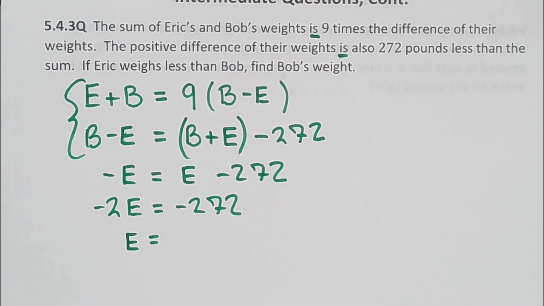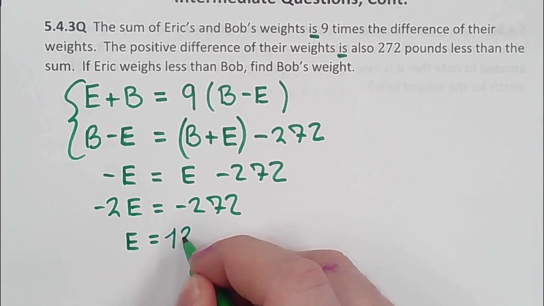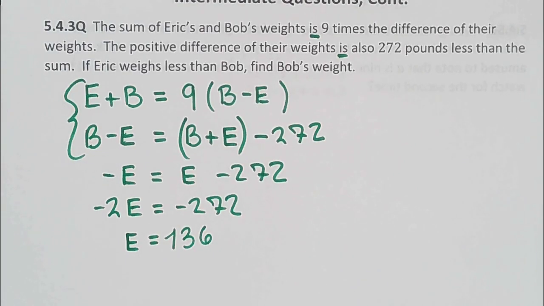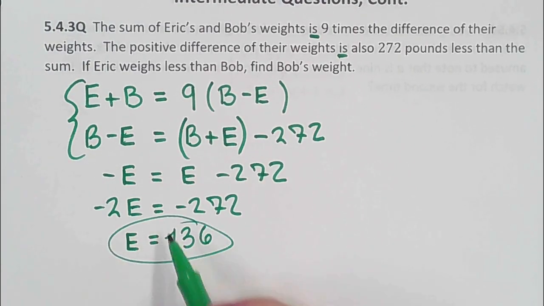Half 70 is 35. Half 2 is 1. What times 2 is 272? Yep, because 35 is half of that, and 1, right? So Eric's 136.